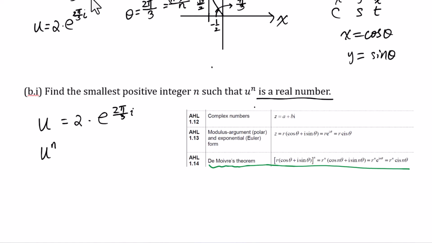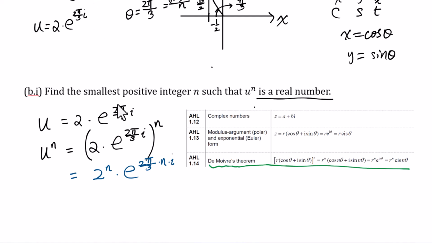Therefore, u to the nth power equals 2 times e to the power of 2 pi over 3 i, to the nth power. Then equals 2 to the nth power times e to the power of 2 pi over 3 times n times i.